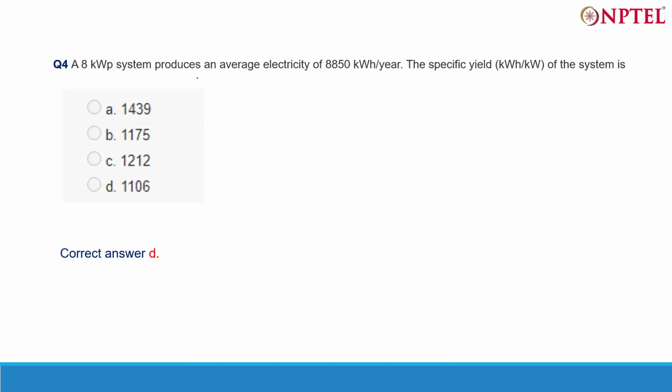An 8 kilowatt system produces an average electricity of 8850 kilowatt hours per year. The specific yield of the system is, so guys, what can be the specific yield of the system? There are formulas for this, so don't panic.